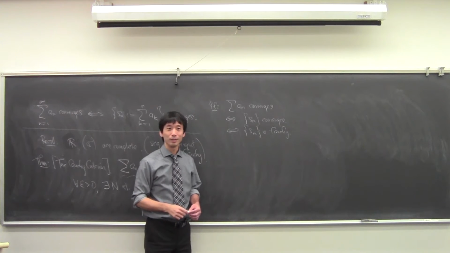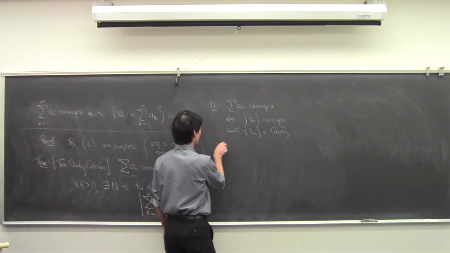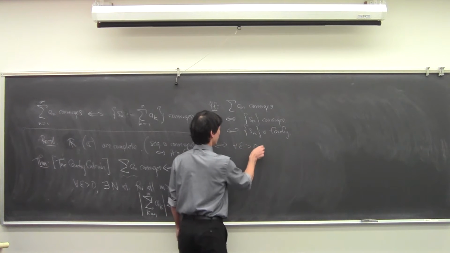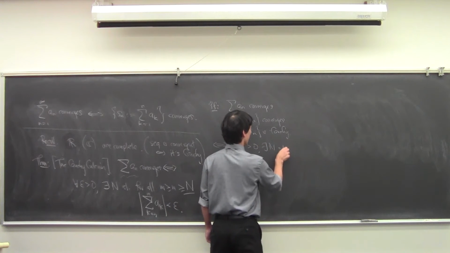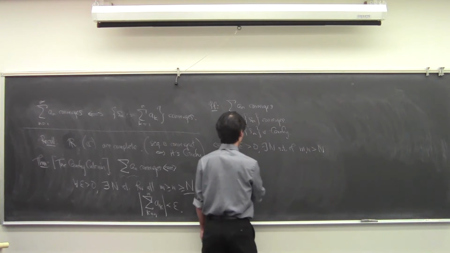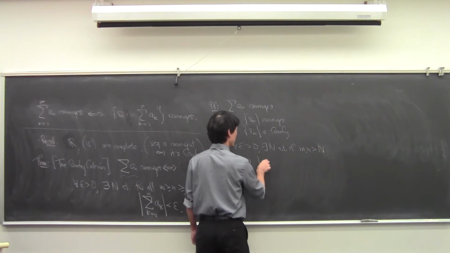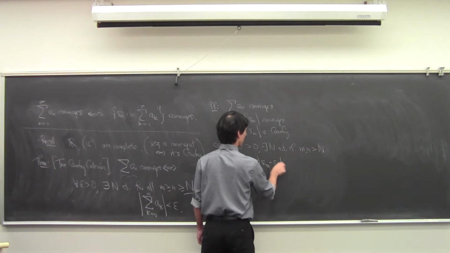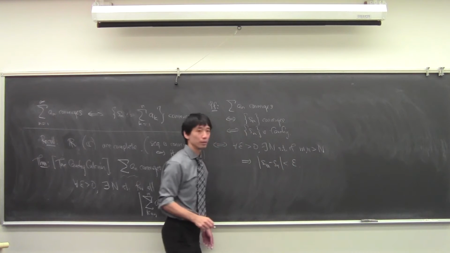Right. Well, what does Cauchy mean? Cauchy means that given any epsilon, there exists a time such that if m and n are bigger than that time, then the size of the difference is smaller than epsilon.